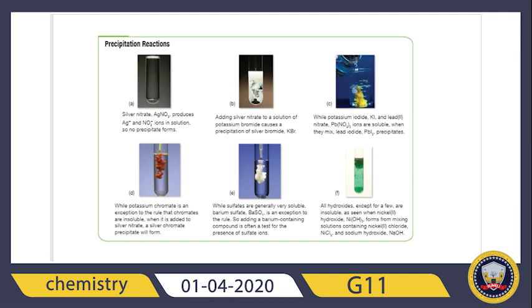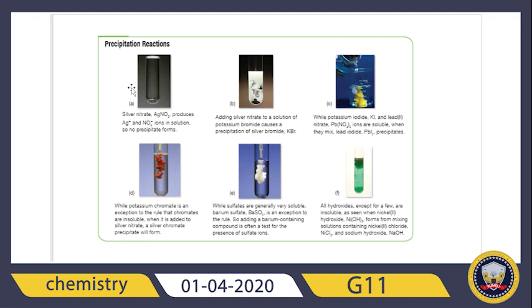So guys, as you know, substances differ greatly in their tendencies to form precipitates when mixed in different concentrations. As you can see in this figure, this photo shows us the behavior of some anions in the presence of certain cations. We can see that in some test tubes there is no precipitate, while in others we can see the precipitate fall out of the solution.